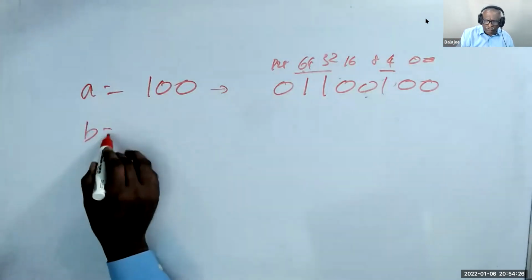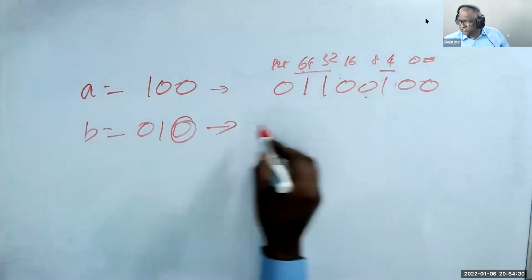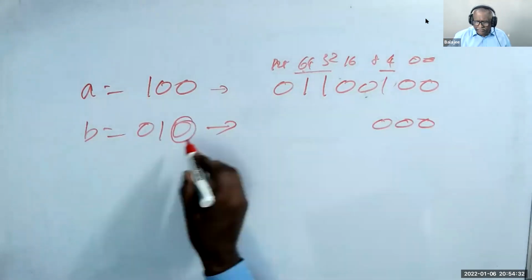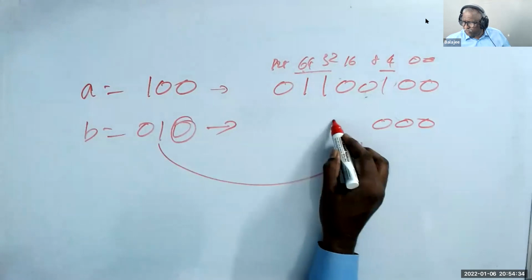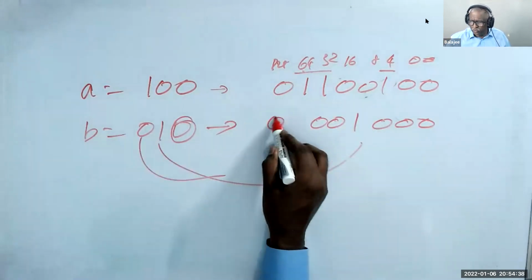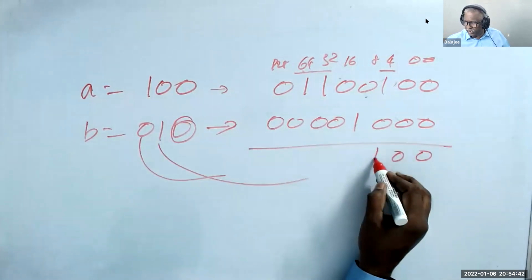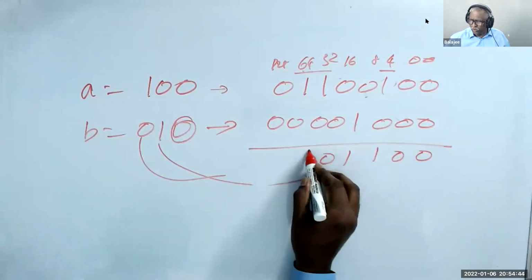When I put B is equal to 010, I take this 0, I put 000. I take this 1, I put 001. For the 0, I put 000. So when I add it, I get 0, 0, 1, 1, 0, 1, 1, 0.